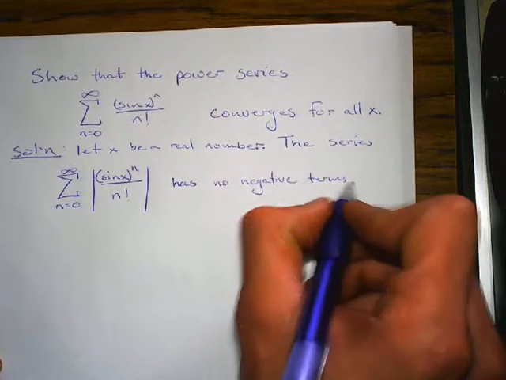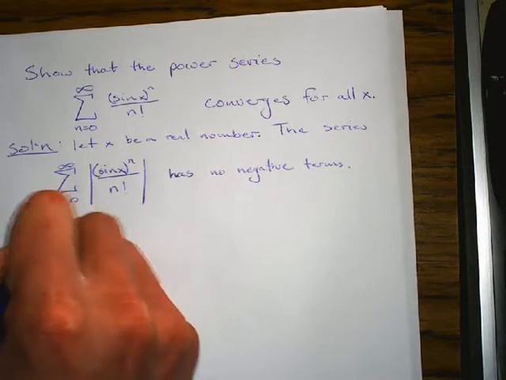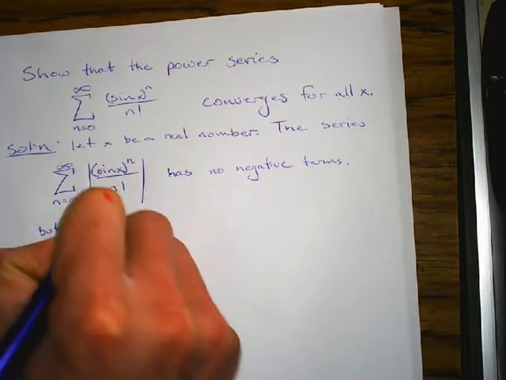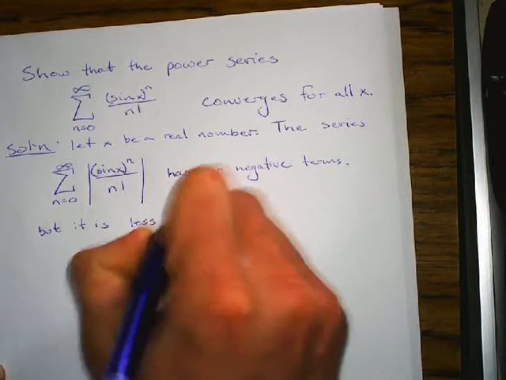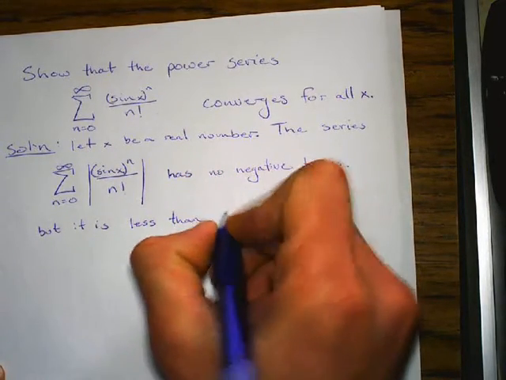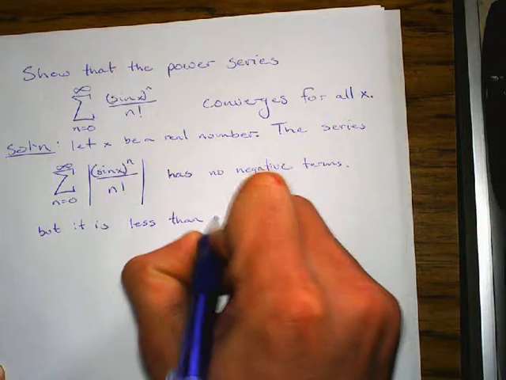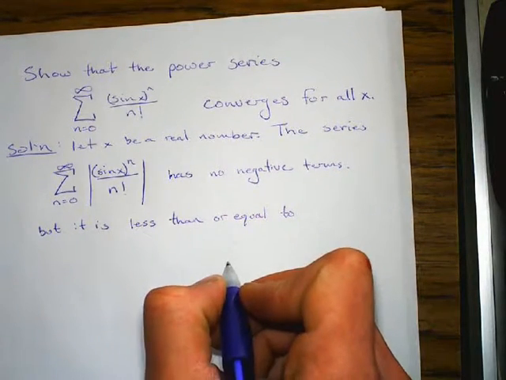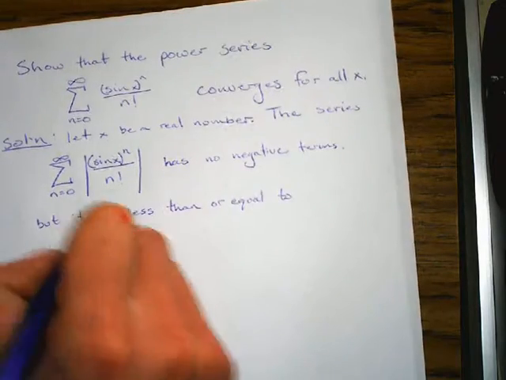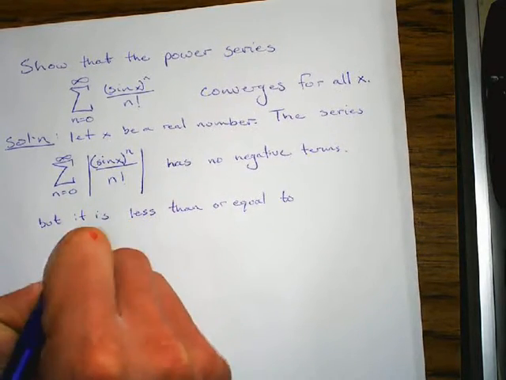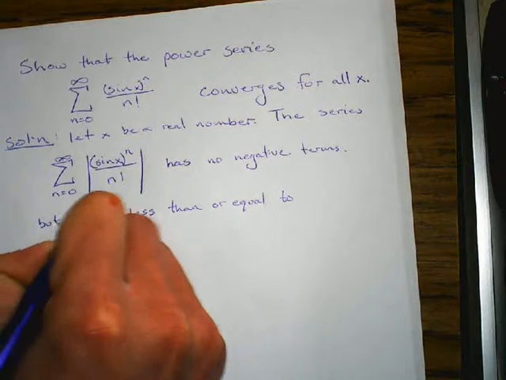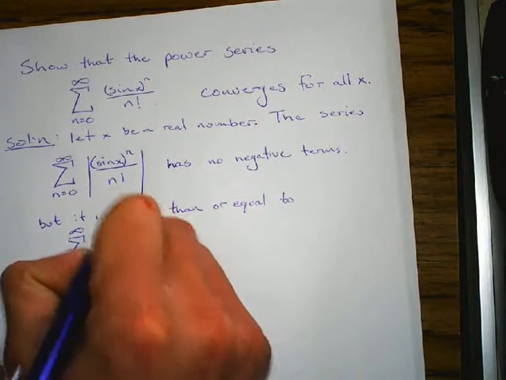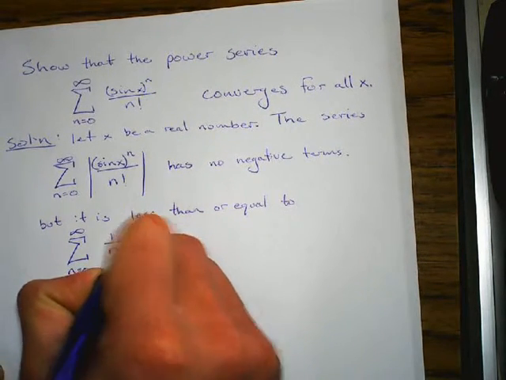Not only does it have no negative terms, but it is less than or equal to the sum from n equals 0 to infinity of 1 over n factorial.